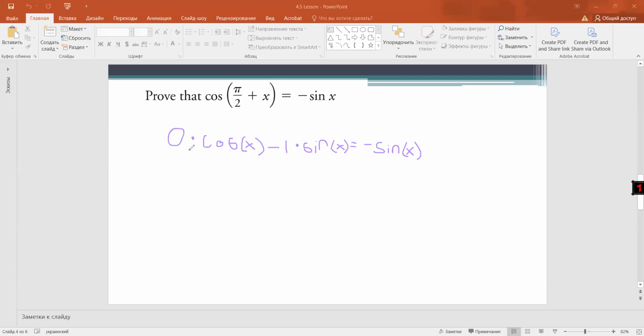And which identity do you use for the left-hand side? Yeah, but I don't get how exactly you simplify it. How does this part equal this part?